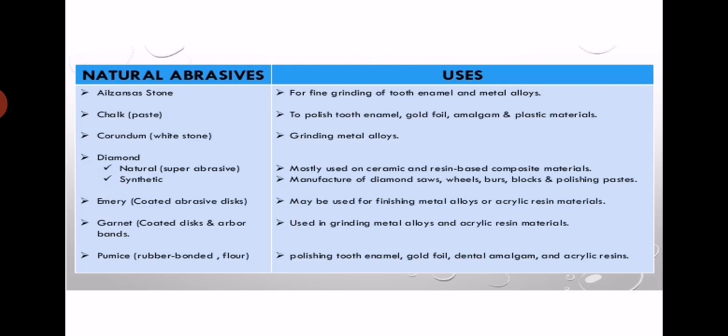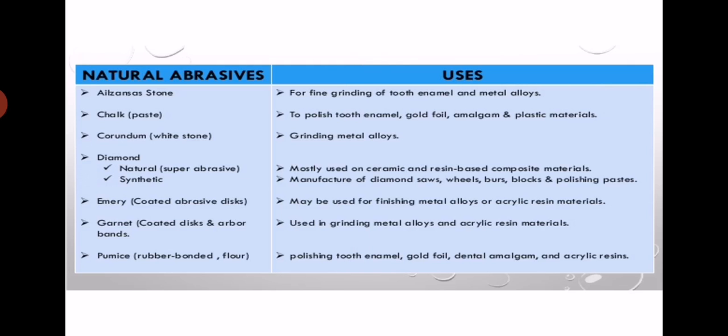Here are some uses of natural abrasives. For example, Arkansas stone: we use this for fine grinding of tooth enamel and metal alloys. The next one, chalk.